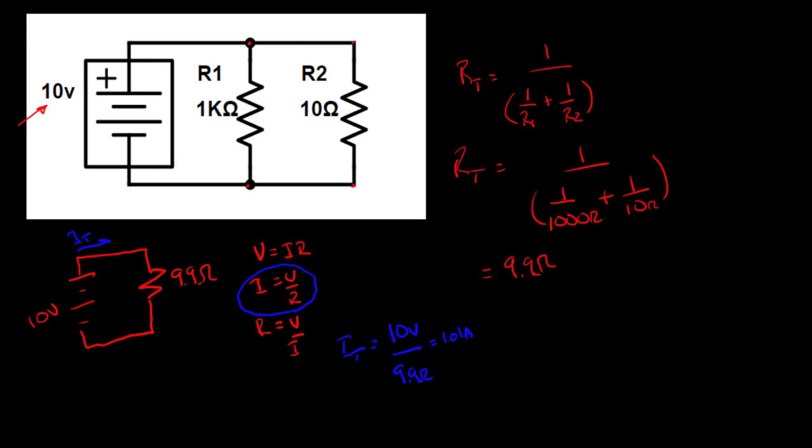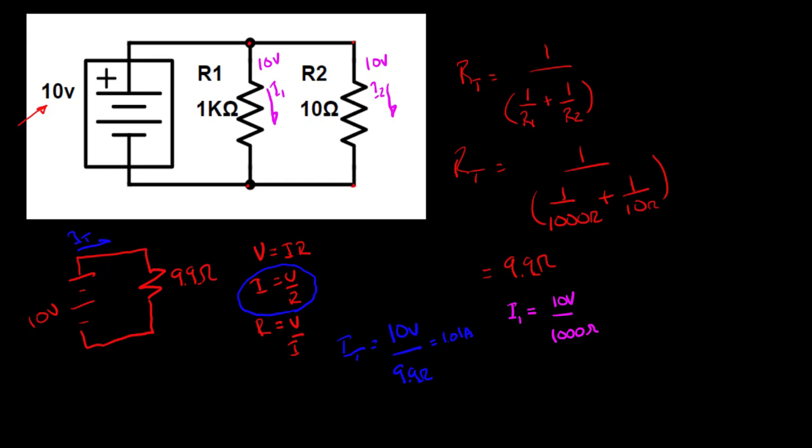Now, I can also solve this by the individual branches. As you recall, one of my other laws was that my branch voltage here is 10 volts, and it's 10 volts in the second branch. So I can also find the individual currents, I1 and I2, a different way to solve this same problem. I1 is going to be equal to 10 volts, again using Ohm's law, divided by 1,000 ohms.